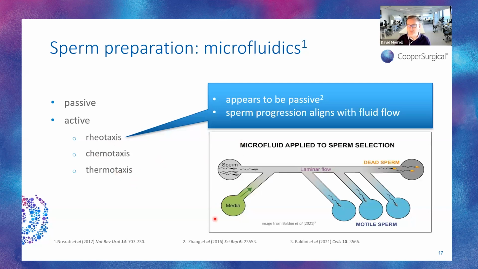But it's worth noting this most recent paper, Zhang from 2016, also suggested that rheotaxis appears to be quite a passive process. There's no direct evidence of different flagella patterns in the selected sperm above those that are not selected. And there's no evidence of calcium influx or active signal transduction. Very effective methods of selecting sperm, but we're not quite sure exactly how much different the population is compared to standard methods.